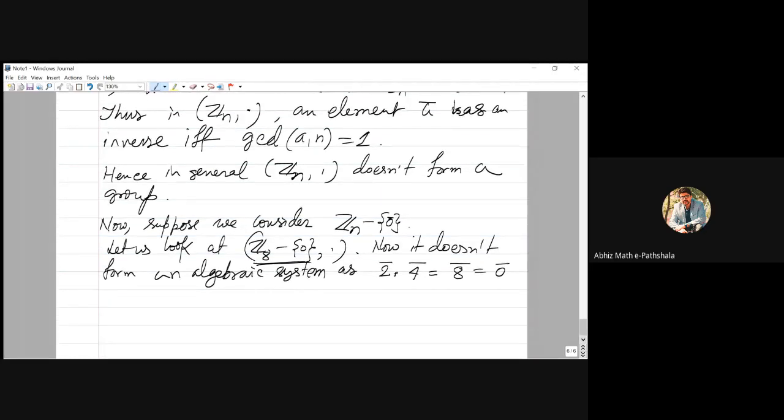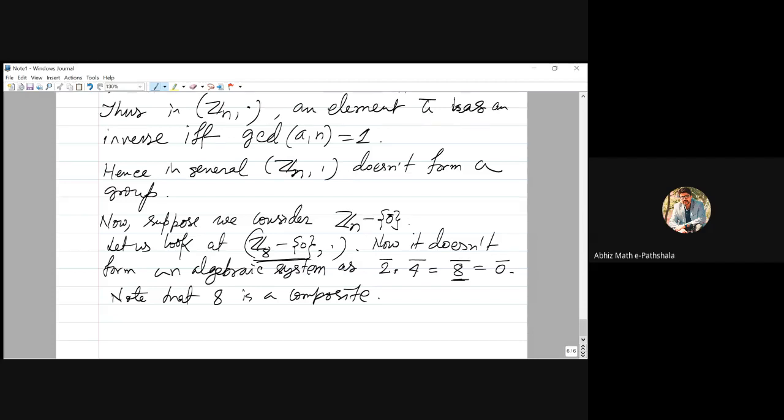So what is the indication? It shows that since 8 is not a prime, it is a composite. It is a product of two integers which are less than 8. You note that 8 is a composite.